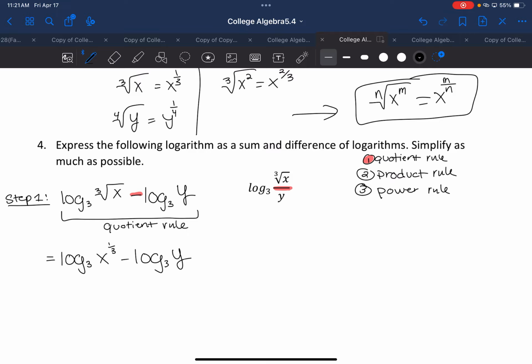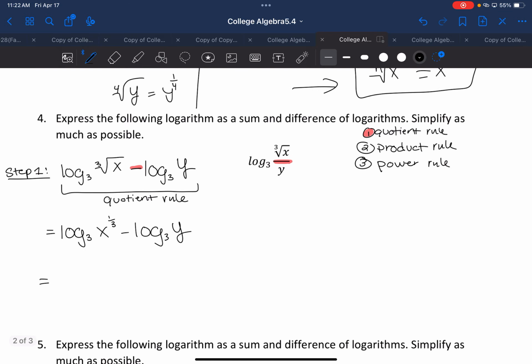So that was just really rewriting it. That's not one of my rules I've used yet. But now that I've rewritten it as an exponent, I can use the power rule and pull that exponent of 1/3 out front. So it'd become 1/3 times log base 3 of x minus log base 3 of y. So here I used the power rule.